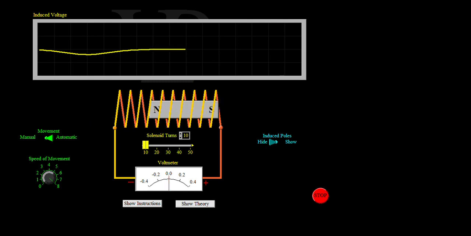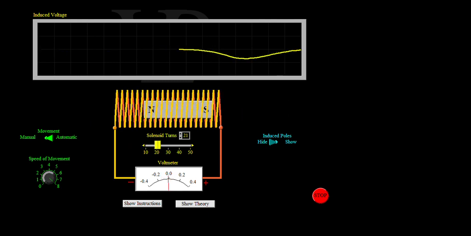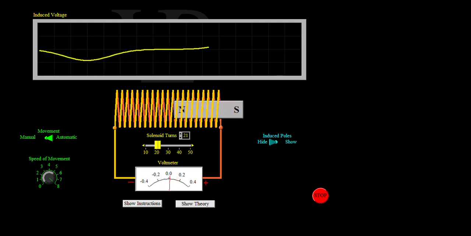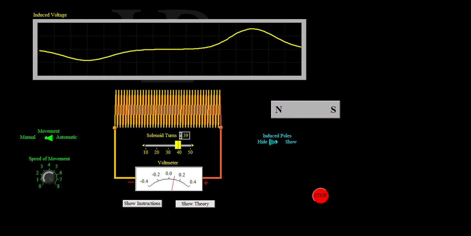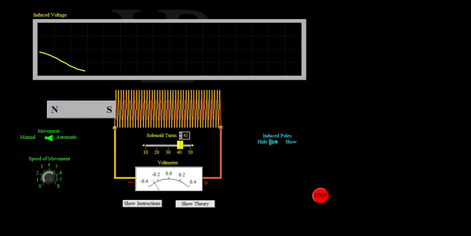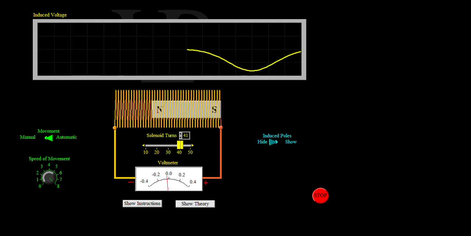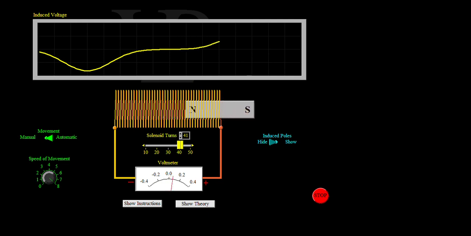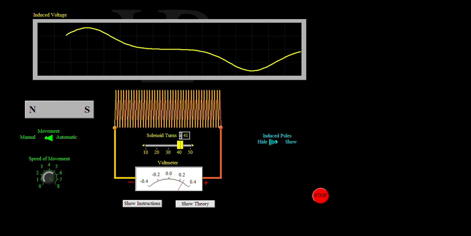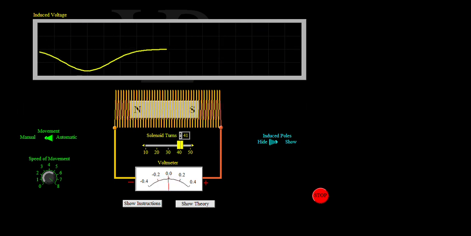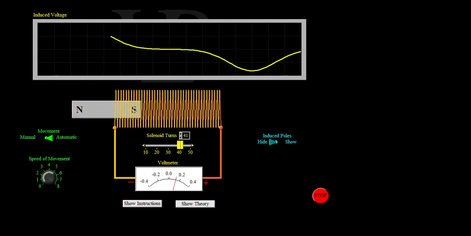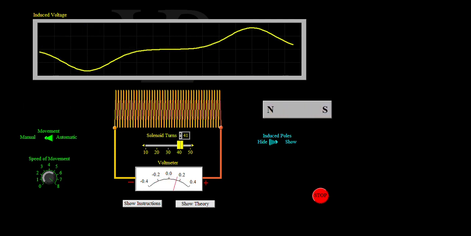So if we increase the flux linkage for the same speed, we're increasing the rate of change of flux linkage as the magnet moves through, and so we're increasing the induced EMF or potential difference or voltage, whatever level we're talking about. So you see the interesting shape of our induced EMF here, where we get a peak positive or peak negative value, but we get this flat spot as the magnet is wholly inside the coil.